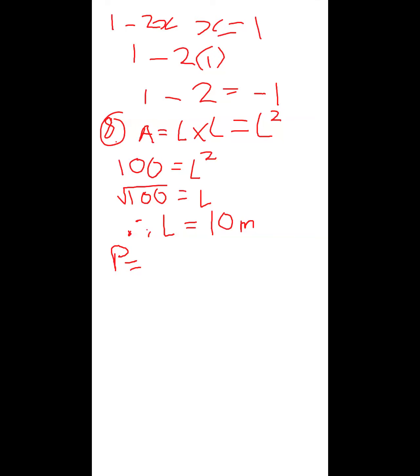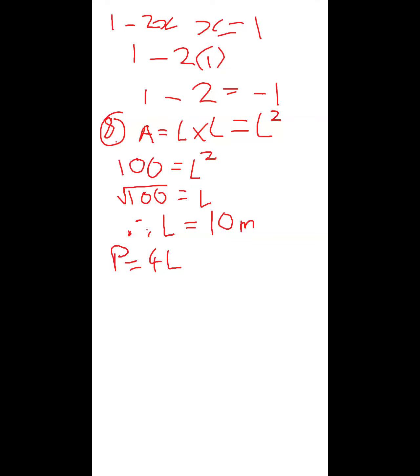Each time I go one side once, I go it the second time, the third time, the fourth time. Do you agree? Okay, good. So that is the formula for the perimeter of a square.